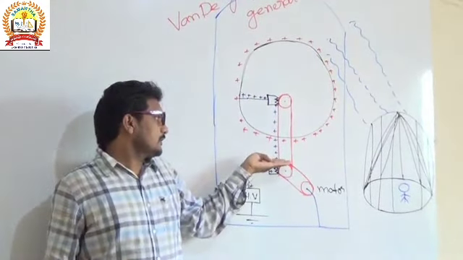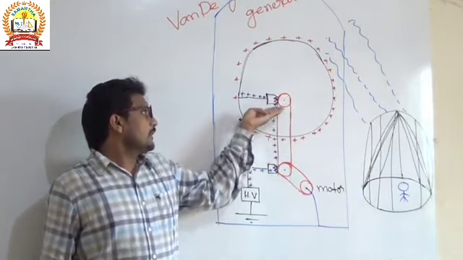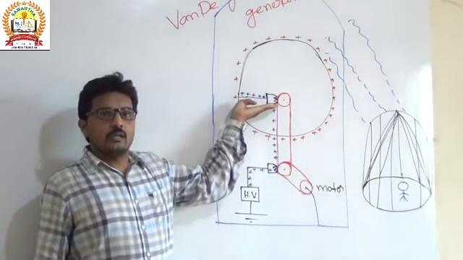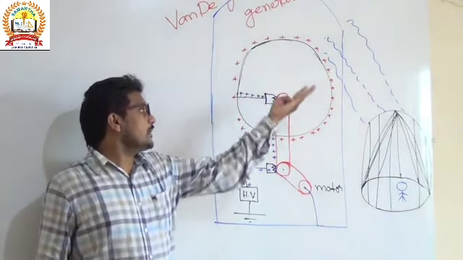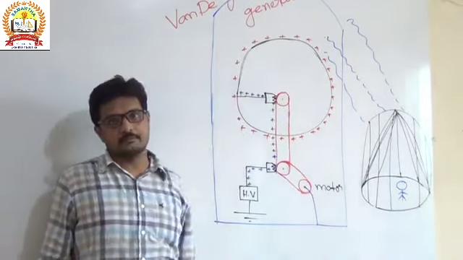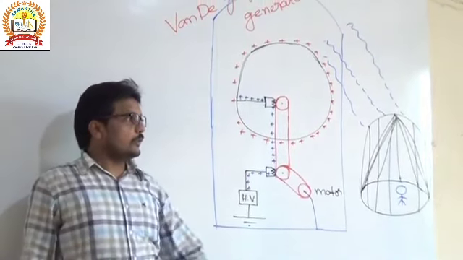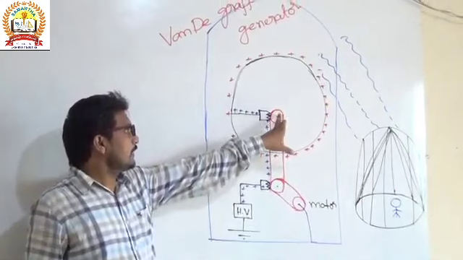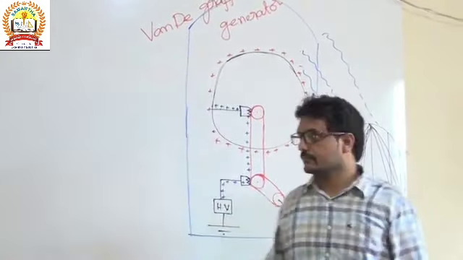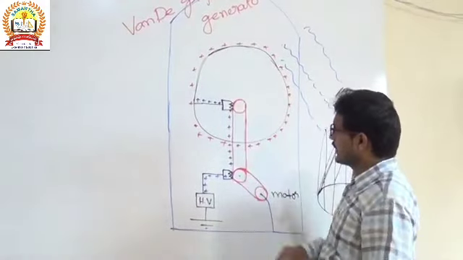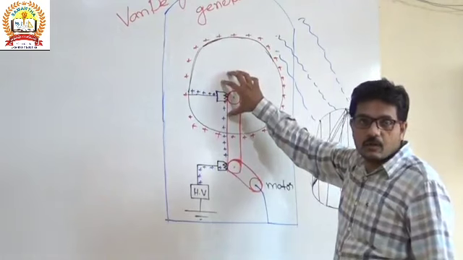The charge moves upward as the belt rotates, and the receiver cone passes it to the outer surface of the hollow sphere. Inside, we have a small charged sphere.